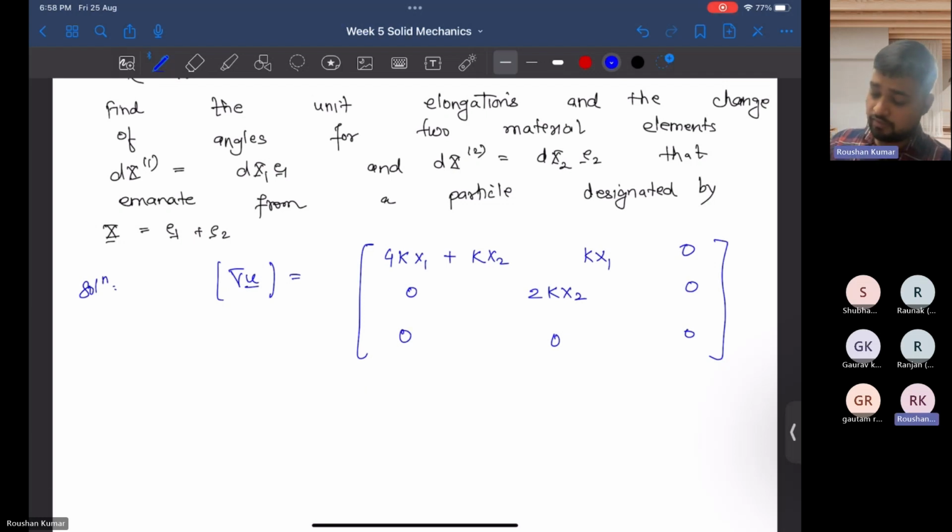Now we find the value of the infinitesimal strain tensor, that is epsilon. It is given by half of grad u plus grad u transpose.